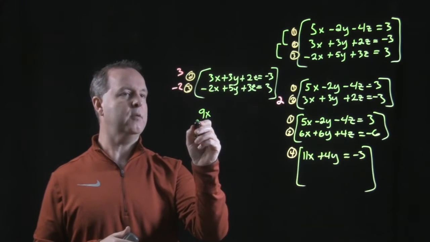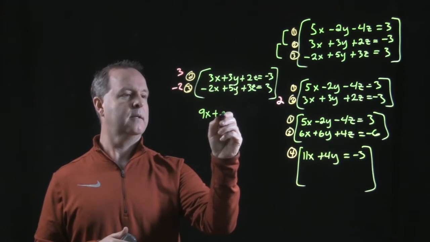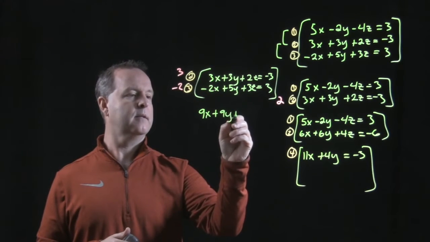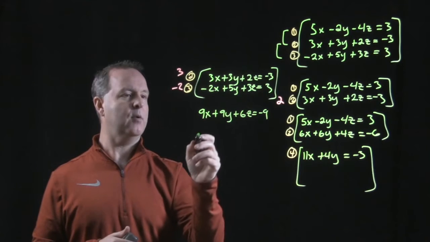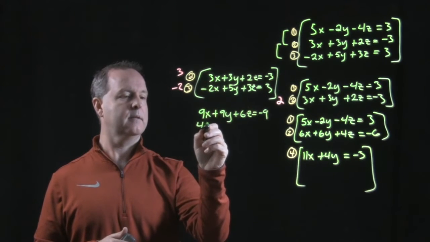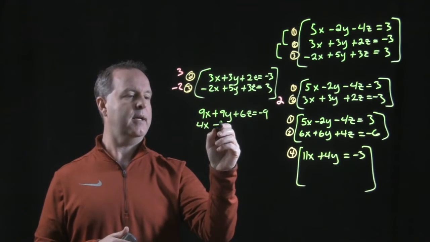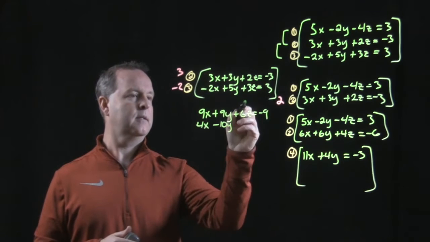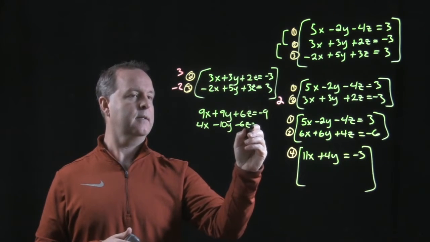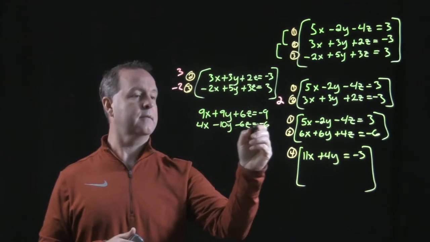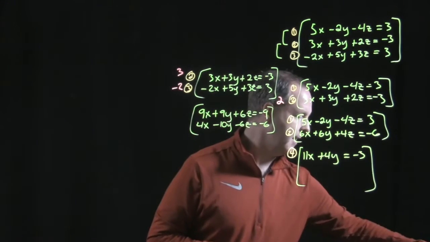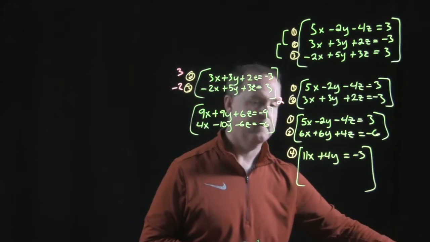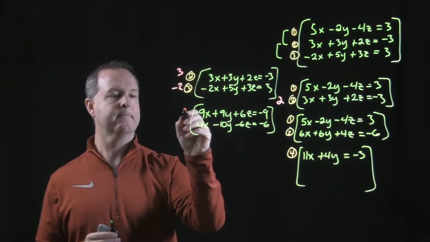My new equation number 2 becomes 9x plus 9y plus 6z equals negative 9. The bottom one becomes 4x minus 10y minus 6z equals negative 6. And again, that was still equations 2 and 3.